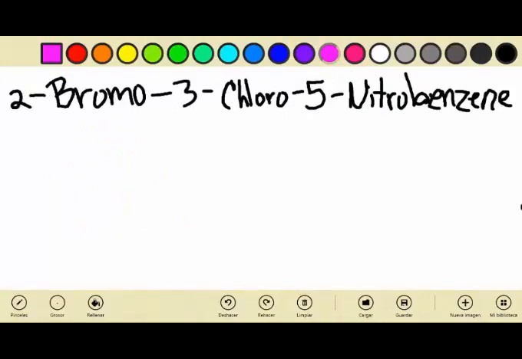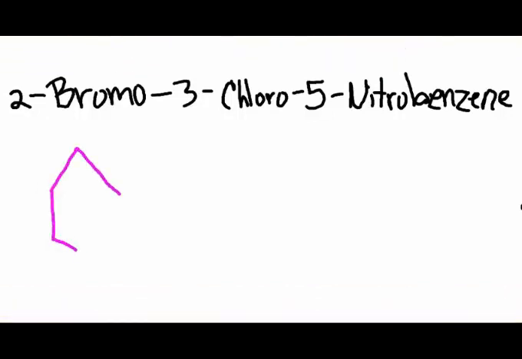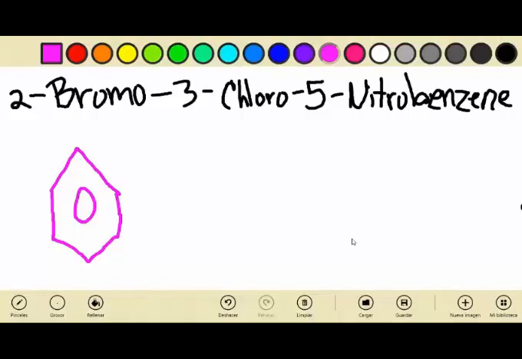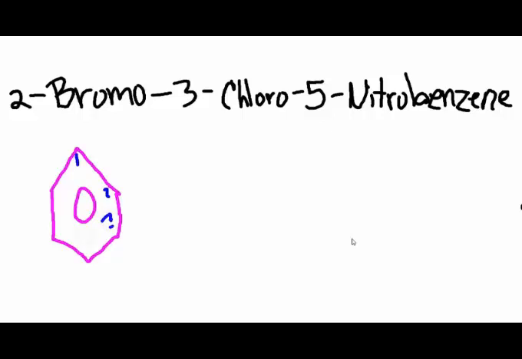So now we have this 2 bromo 3 chloro 5 methyl benzene. We are going to draw the hexagon first. And then we are going to enumerate the corners, 4, 5, and 6.